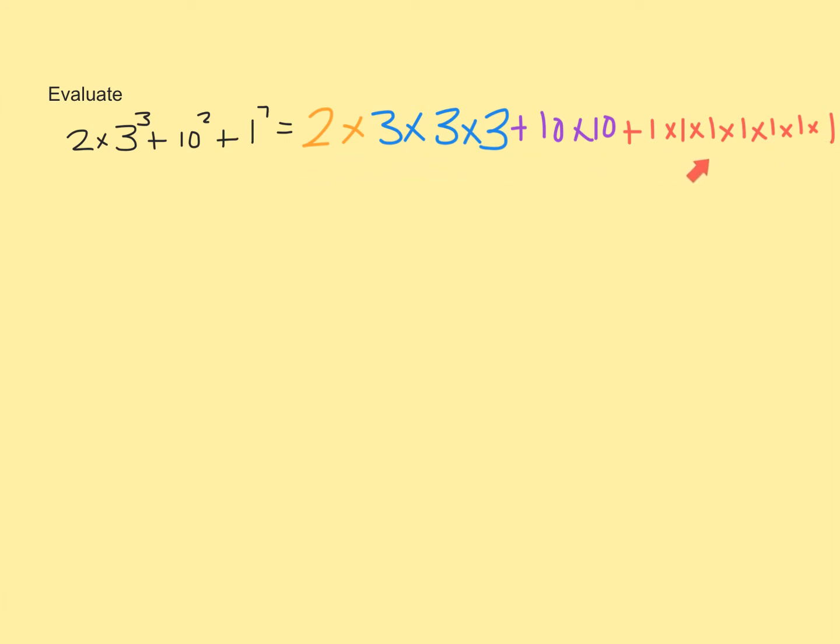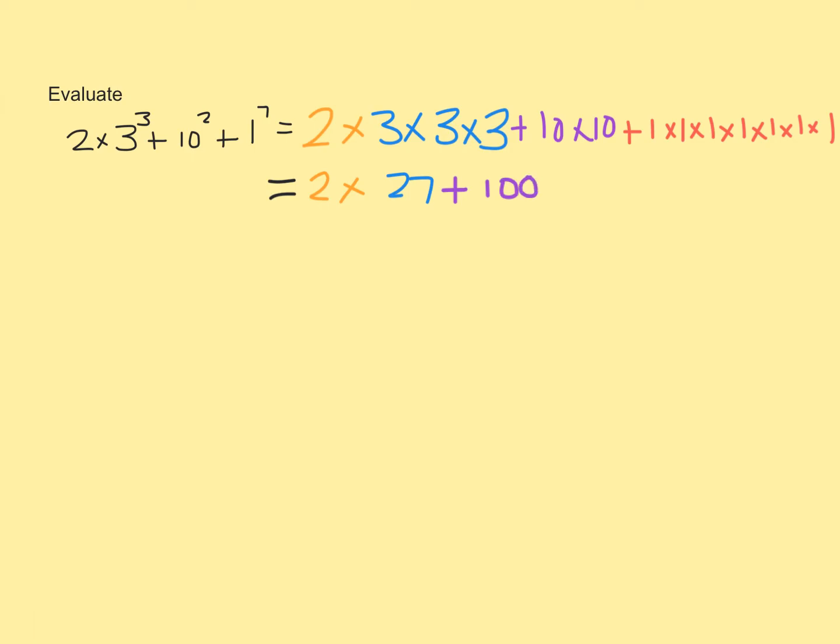Alright, so now I've got it in expanded form, so now I need to solve it. So the first thing we need to do is put our little equal sign down, and we've got 2, and we now need to multiply 3 by 3 by 3. 3 by 3 is 9, times 3 is 27. Awesome. So the next thing I need to do is add my 10 by 10, which is 100.